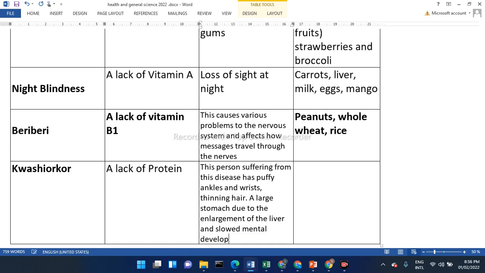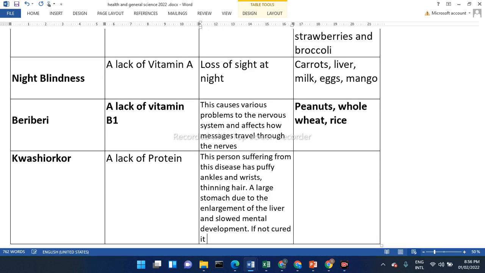You mean to tell me the liver can get that big? Yeah. If it don't get cured, what could happen? You could turn into broccoli. It can lead to death. So how are you supposed to cure it?